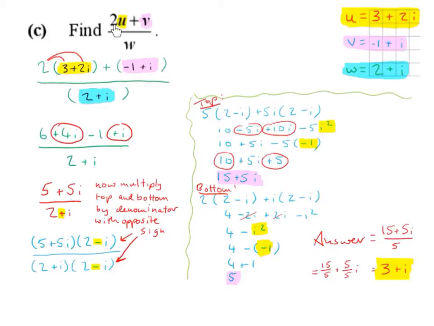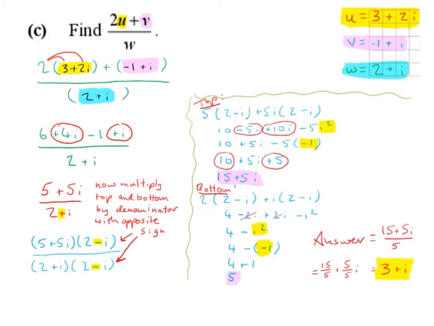We bring down the 2 and swap the u for brackets with 3 plus 2i in them. We bring down the plus and swap the v for brackets with minus 1 plus i in them. Bring down our divide sign and then swap the w for brackets with 2 plus i in them.